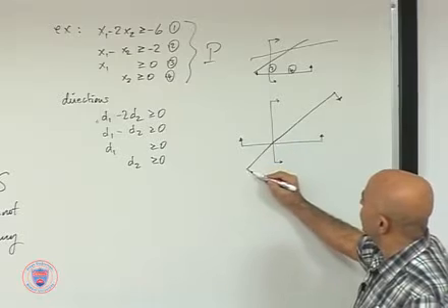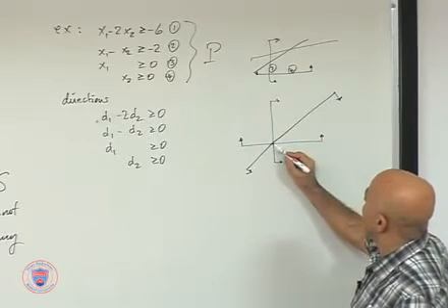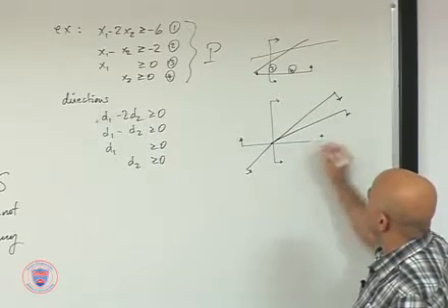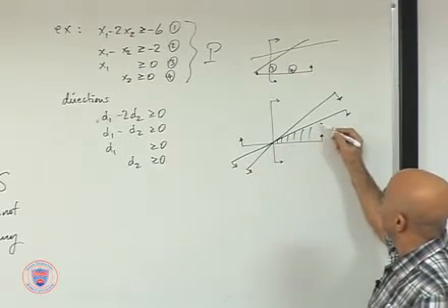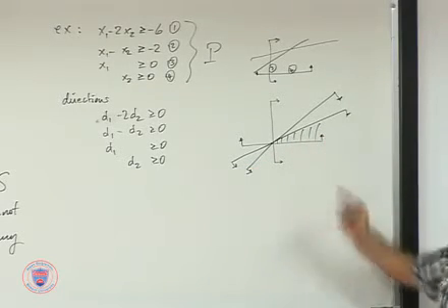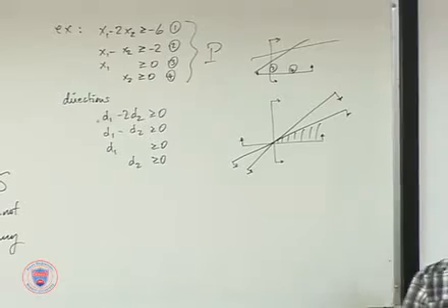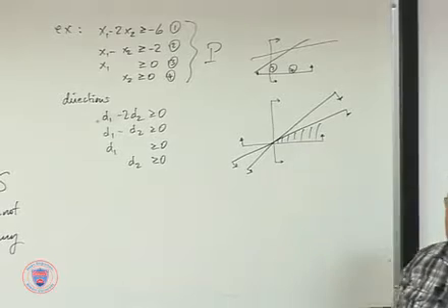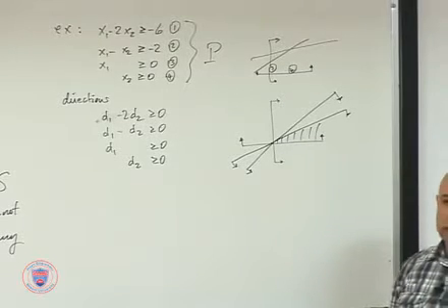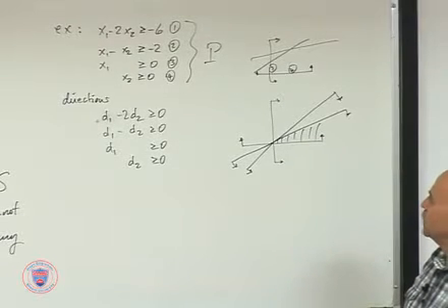So this is one of them, and the other one is like that. And when you look at the shaded region, which is the intersection of all those half spaces defined by the new set of constraints, this is what you've got. So this contains the set of all directions for this polyhedral set.